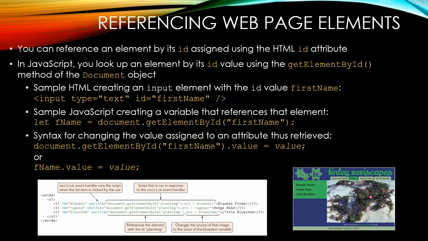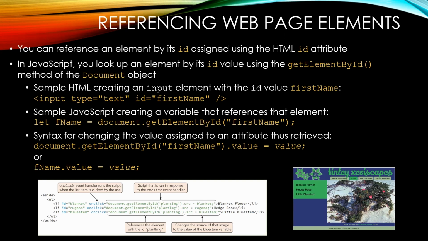You can also reference elements using something that we call an ID. An ID is a value assigned using the HTML ID attribute. In JavaScript, you can look up an element by its ID value using getElementById, which is a built-in method of the document object.